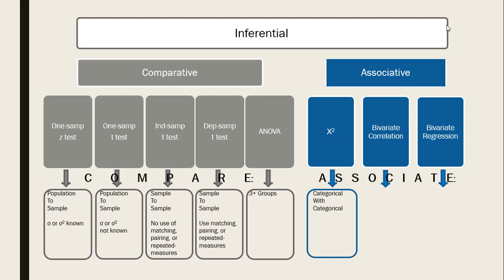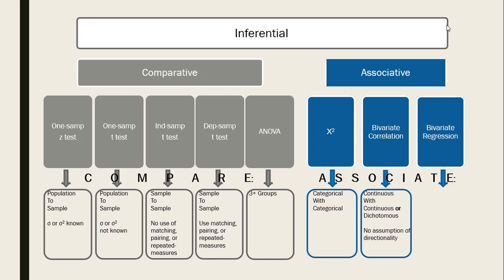When we look at associative, again, the thing that we're really interested in is the types of variables that we're working with, the level of measurement of those variables. When we're looking at the association between 2 categorical variables, either nominal or ordinal variables, then we're going to perform a chi-square test. If we're looking at continuous variables or a continuous variable with a dichotomous variable or a binary variable where there's 2 options like men, women, if we're looking at biological sex, then a bivariate correlation or a bivariate regression would work.